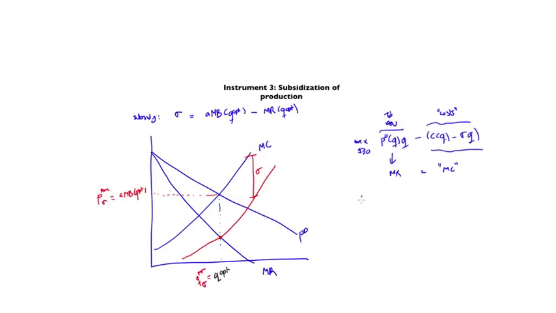Now, some important remarks. First, Pareto optimality is possible only if the cost of the subsidy can be paid with lump sum taxes.